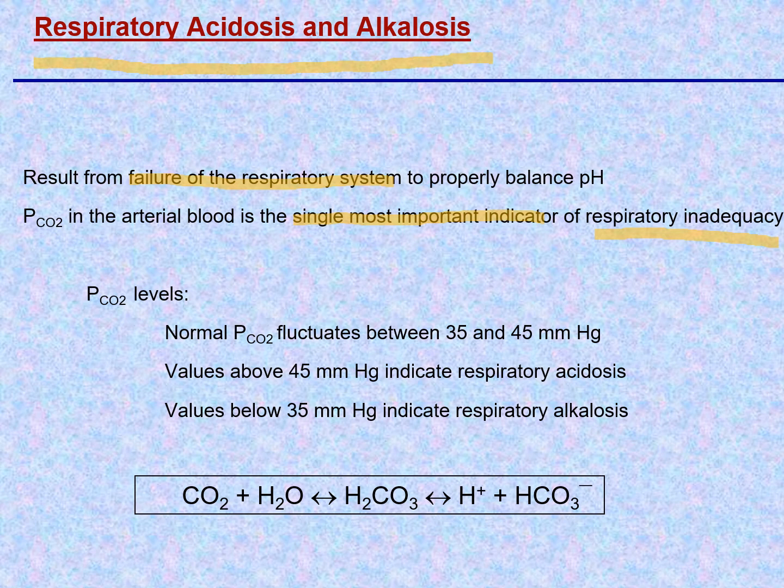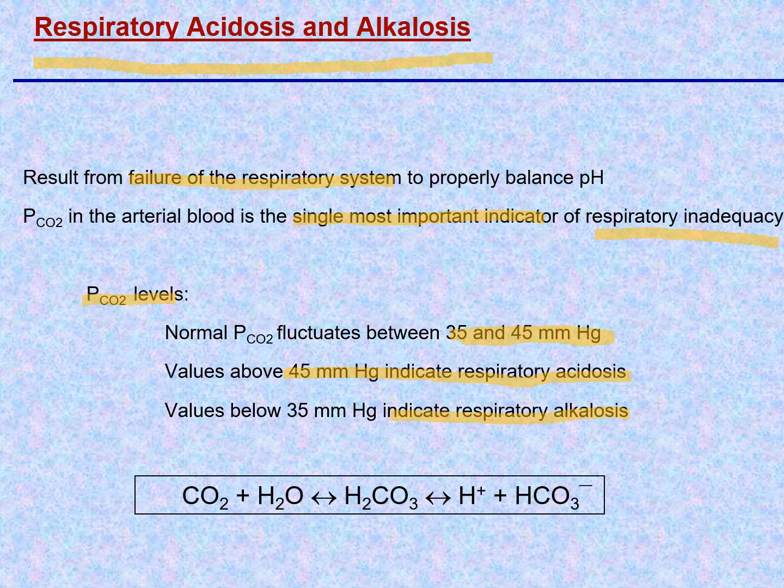Now normally partial pressure of CO2 in the arterial blood is between 35 and 45. So it's hovering around 40 plus or minus 5. If it's above 45, then that indicates respiratory acidosis. And if it's below 35, then that indicates respiratory alkalosis.